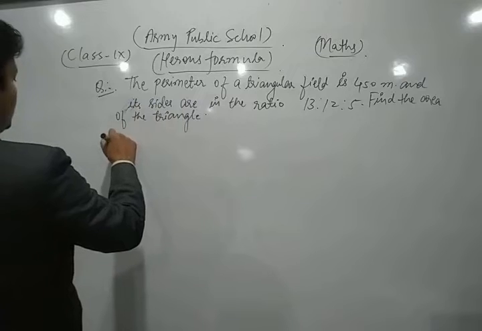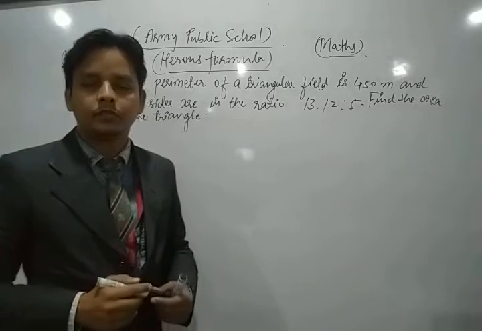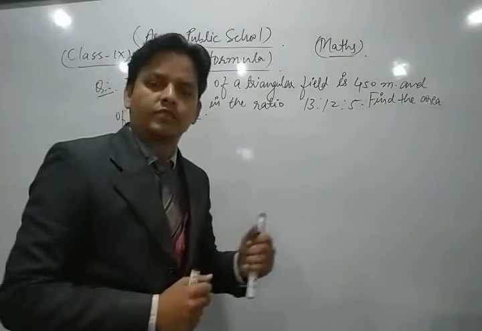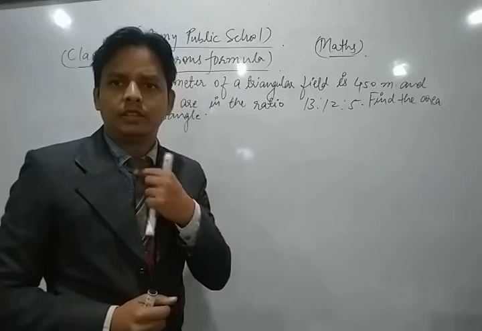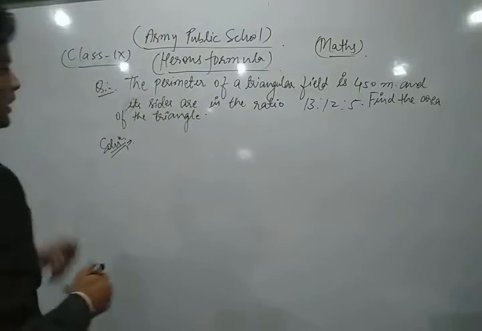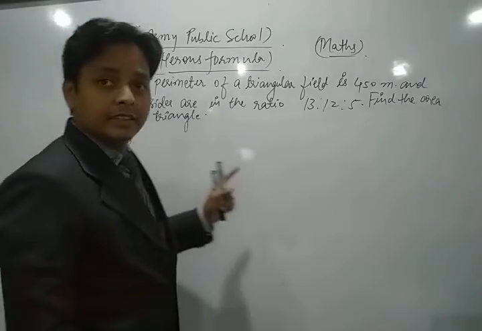Now let's see its solution. This is a very important question, so let's see the process to solve it. Look here, the perimeter is given, and the sides are given in the ratio.